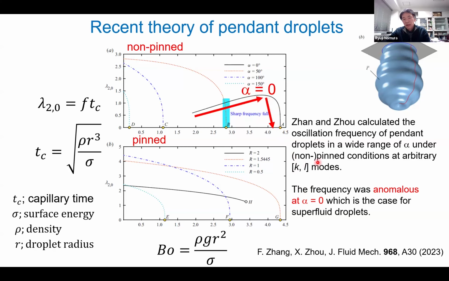Only in the alpha equals 0 and non-pinned case does the anomalous behavior show up, and it's consistent with our observation. This non-monotonic dependence on the size of the droplet is consistent with the volume-independent oscillation. So this may account for our observation of the anomalous oscillation of the superfluid droplet.